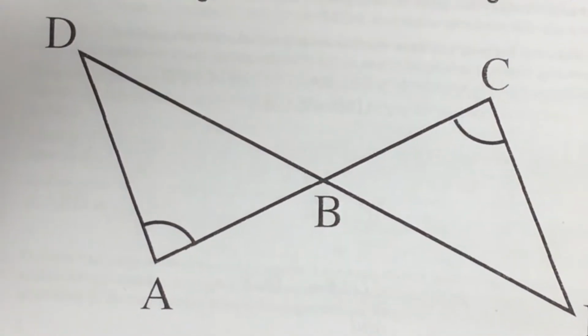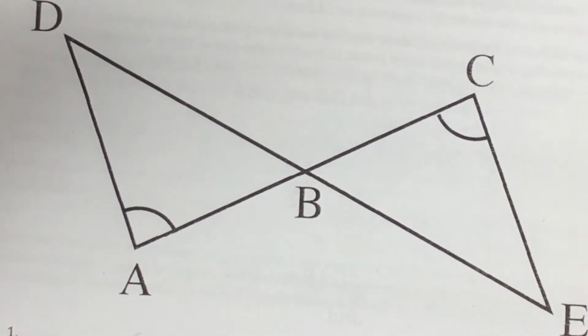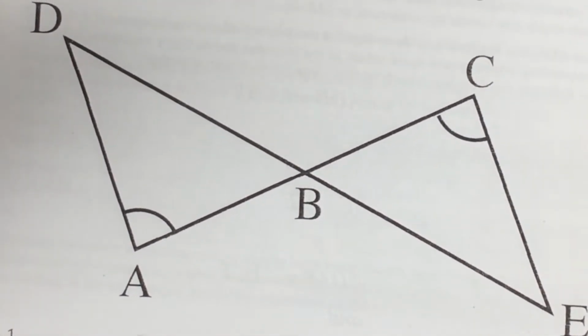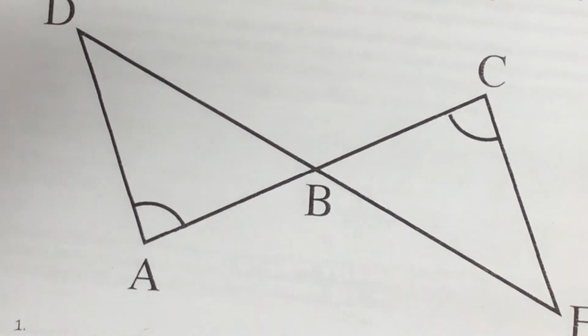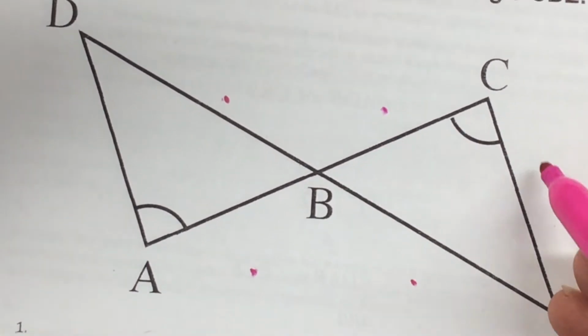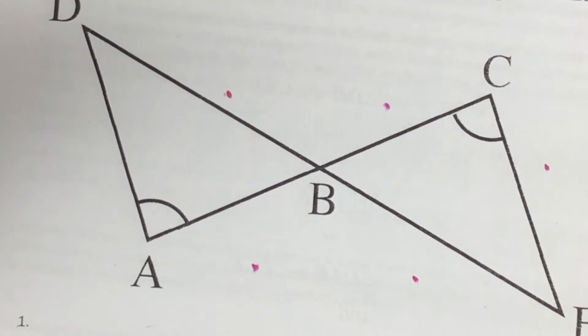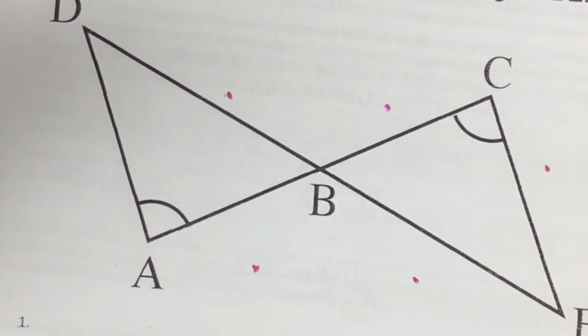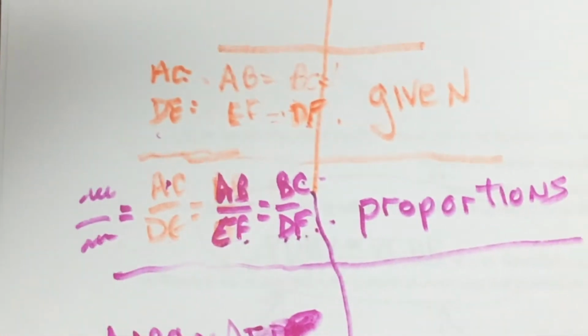If I were looking at this, can I use side, side, side on this? I don't have any sides. Even if I had 5 sides, even if I knew the side length of this one, this one, this one, this one, and this one, that wouldn't be enough. You need 6. But if you have 6, you can be done in about 60 seconds.